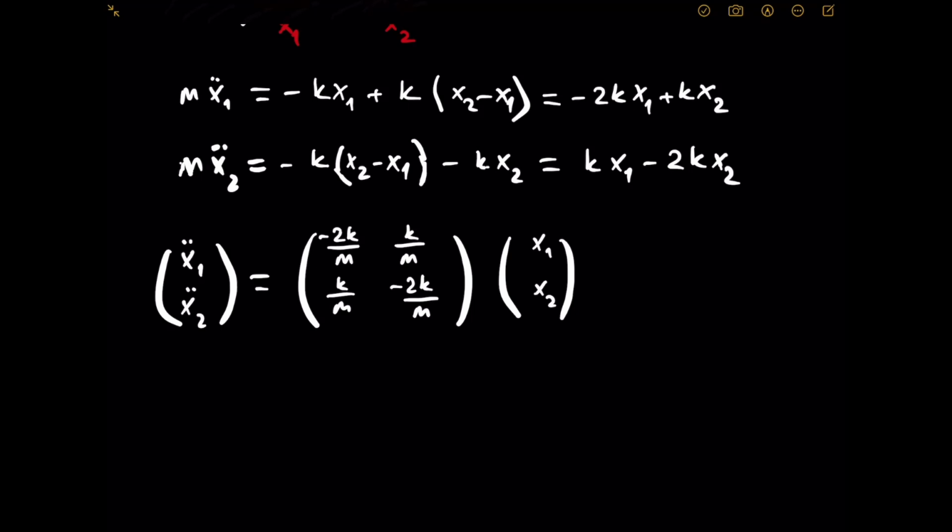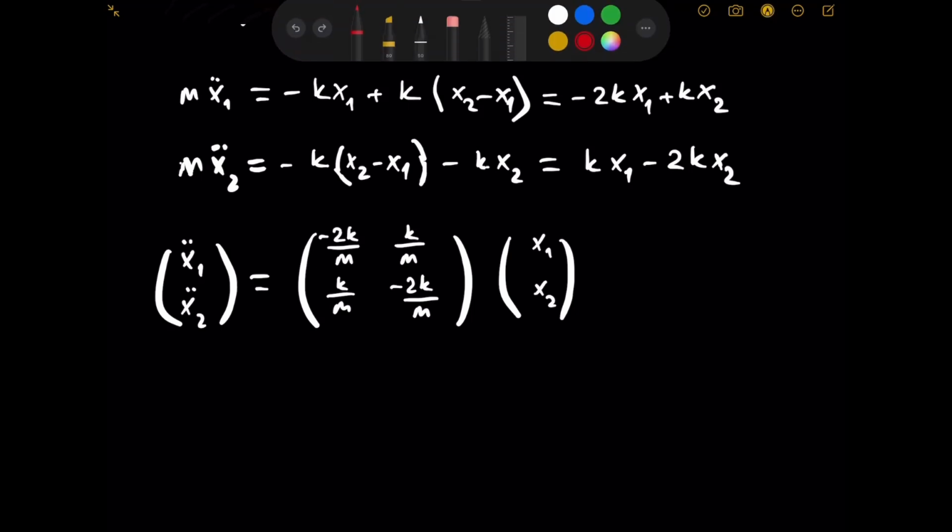So what I'm trying to get at is I can try a harmonic solution. I can try a sinusoidal solution to these differential equations, hoping that it will work. And it will probably work, because if we get a solution to them, then that's fine. And then the final solution, the general solution, will just be a linear combination of the normal mode solutions, okay?